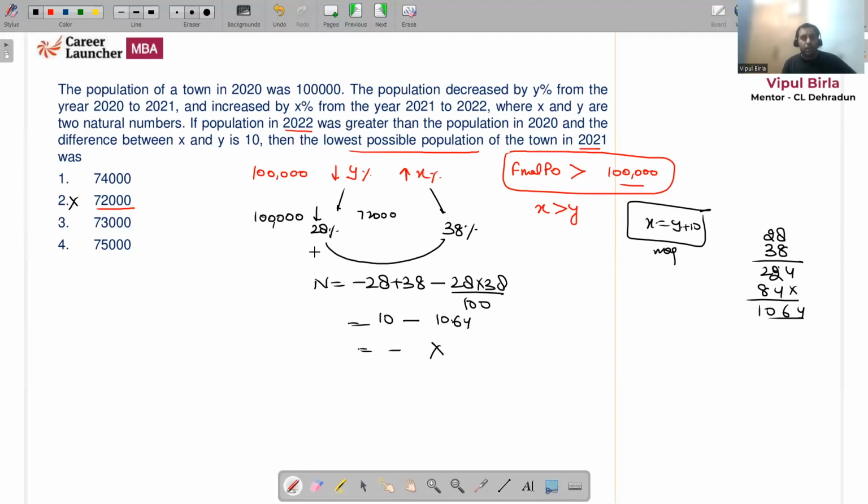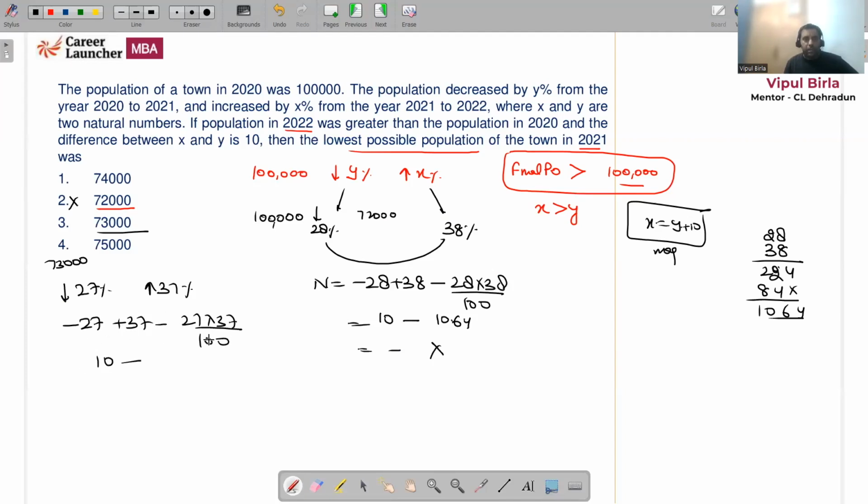Next will be putting 73,000. In that case, the decrease is going to be 27%, so the increase will be 37%. Let's identify the net change: 27 plus 37 minus 27 into 37 upon 100.